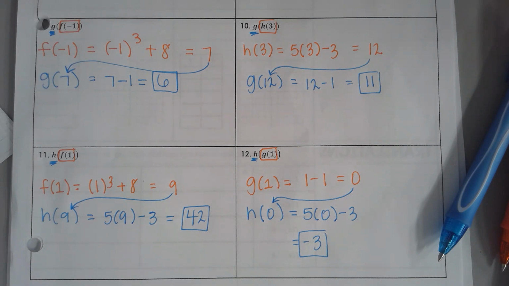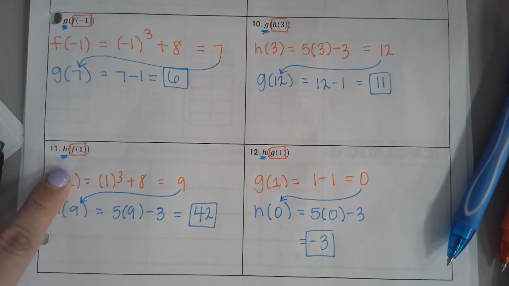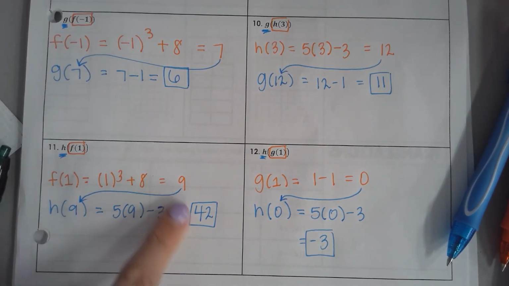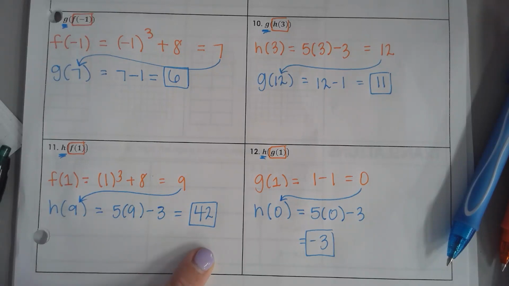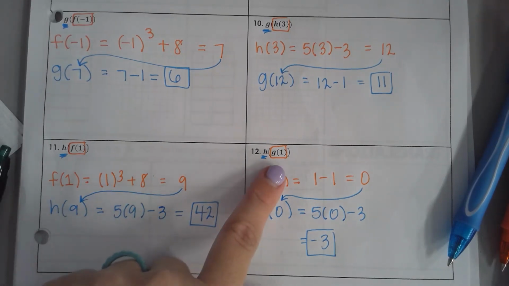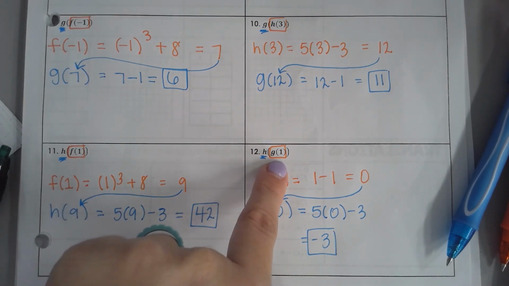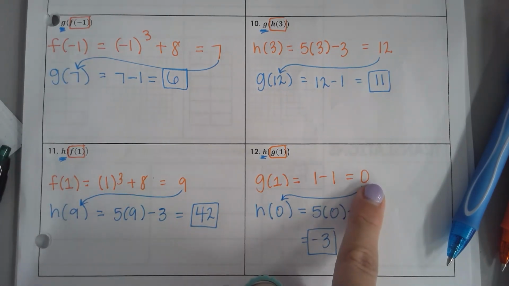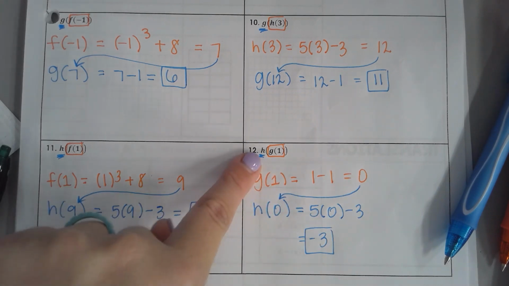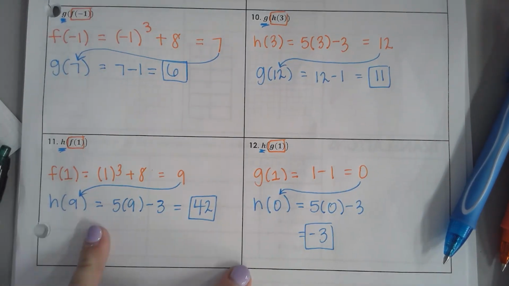Number 11, you should have done f of 1 first to get 9. And so then you do h of 9, because h is your outside letter. You do that one of 9. And your answer is 42. And then on number 12, you did g of 1 first. That gave you 0. So then you did h of 0 to get negative 3.